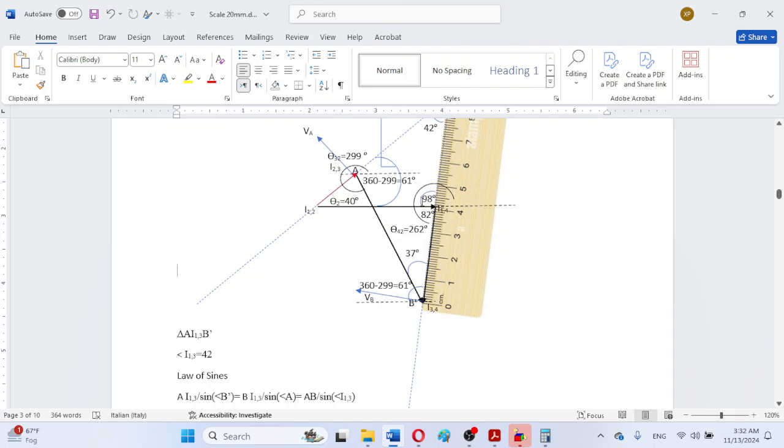As we can observe, the angle of the rocker link with the horizontal is 98 degrees. That angle is shown here. So we will be subtracting 90 degrees from 98 degrees, so the angle of VB with the horizontal will be 9 degrees approximately.